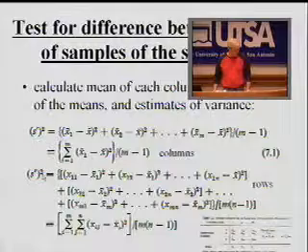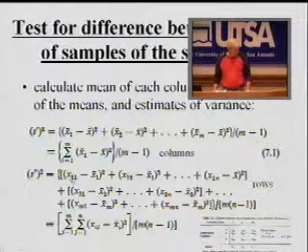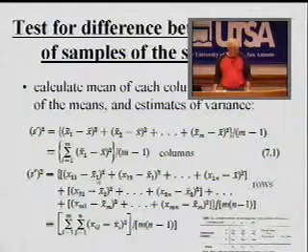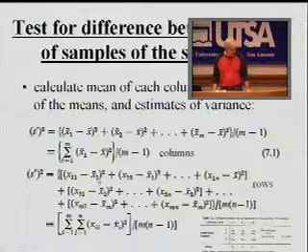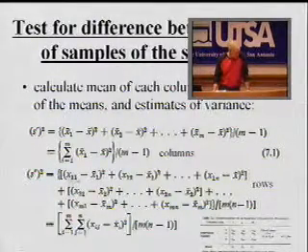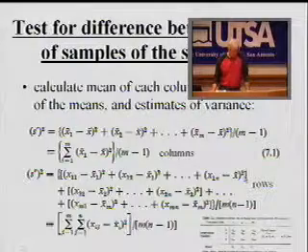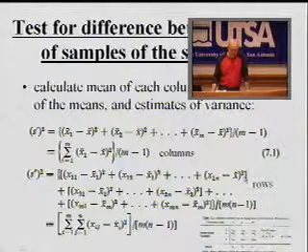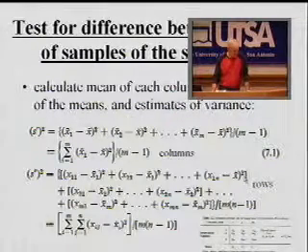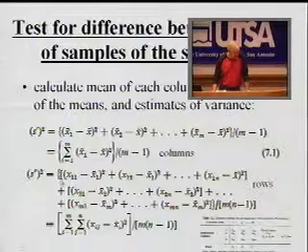S prime prime squared equals x1 sub 1 minus the mean for treatment group 1. So here what we're seeing is we have treatment group 1 where we're getting the sum of the mean squared differences. Am I stating that correctly each time?